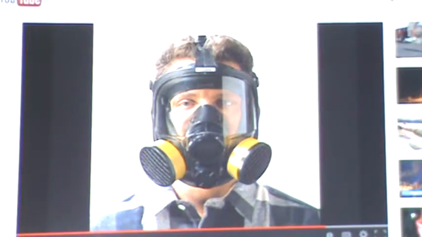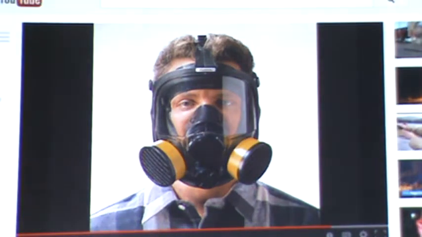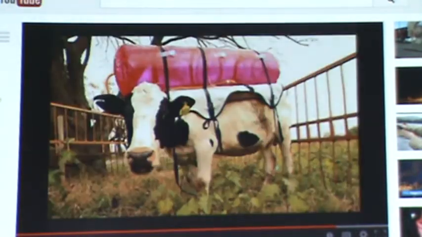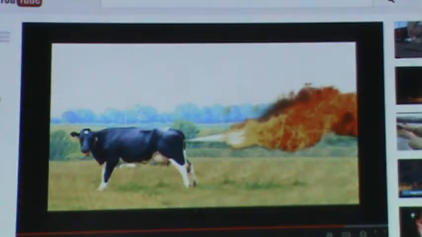If you feel like leaking natural gas is not a safety issue, then that's okay. Why don't you go out to the swamp or somewhere and measure this thing coming out of the swamp.